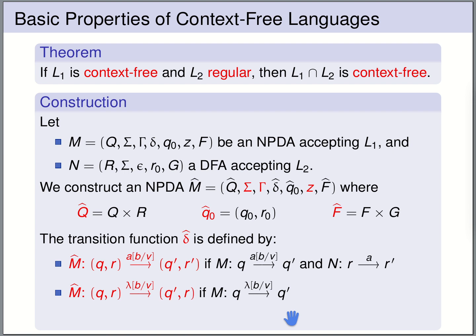So our NPDA M hat behaves like our NPDA M, and in the second entry of the pair simulates the DFA, and we accept if and only if both the left entry of the pair, which simulates the NPDA, as well as the right entry of the pair, which simulates the DFA, both accept. Therefore the language of the NPDA M hat is the intersection of the languages of the NPDA M and the DFA N.